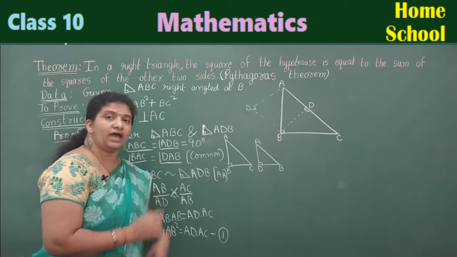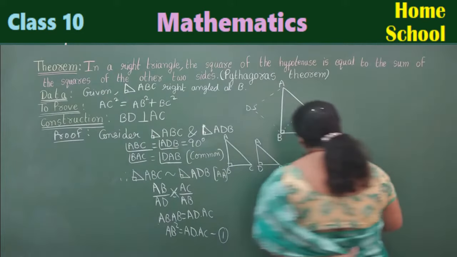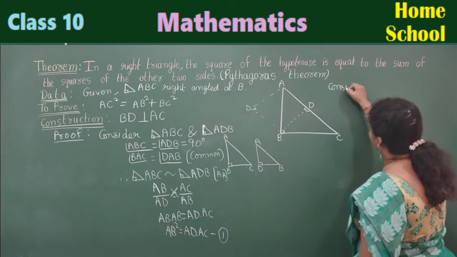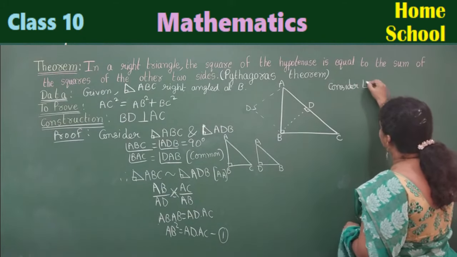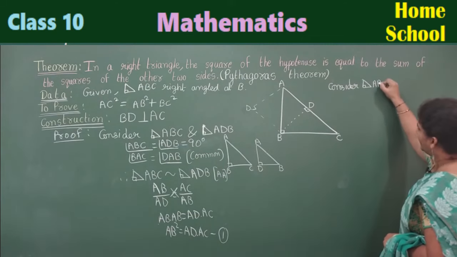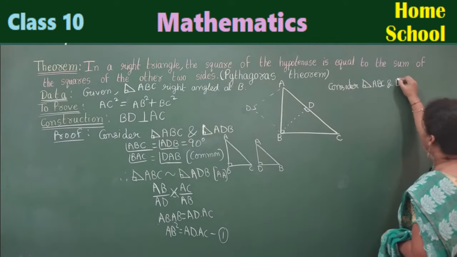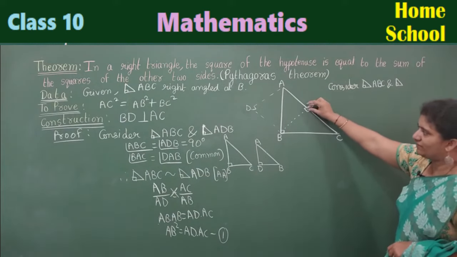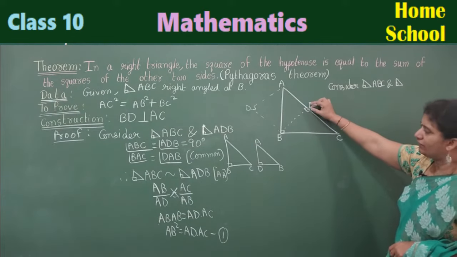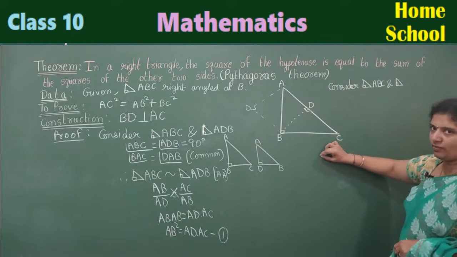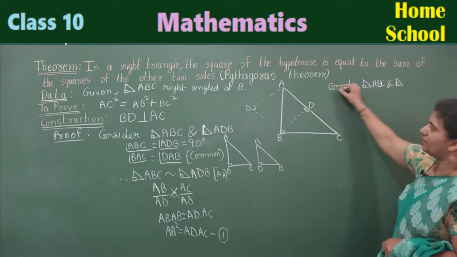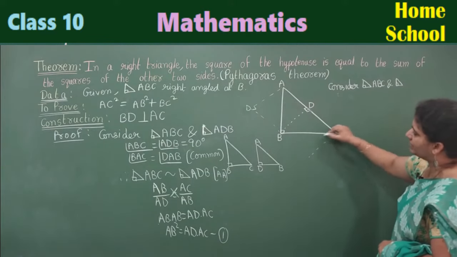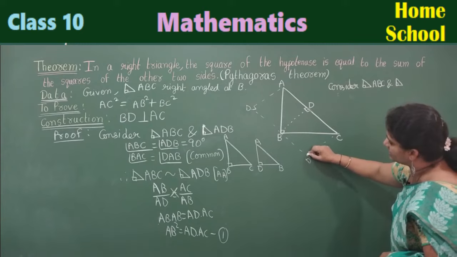Similarly, we are going to take another pair of triangles. What is the other pair? Consider right triangle ABC and right triangle BDC. How do you compare this triangle? Lift this D and place it here, and you get the same manner; or you can lift this B and keep it here. So lift this D and put it here, and this is the right angle.